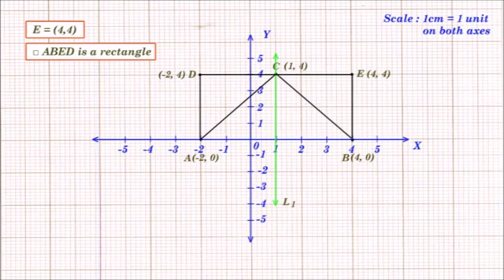We know in a rectangle there are 2 lines of symmetry, that is the perpendicular bisectors of the opposite sides. We already have one line marked, that is line L1. Then we mark L2 as the perpendicular bisector of the opposite sides. So we have got the 2 lines of symmetry as L1 and L2.